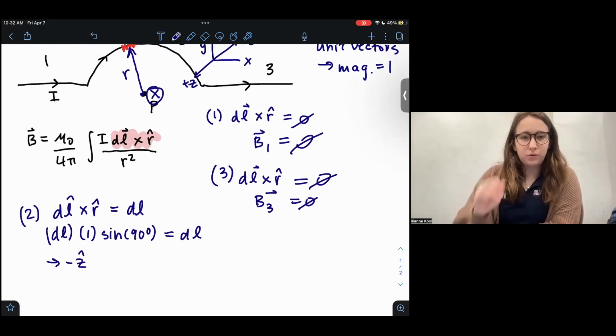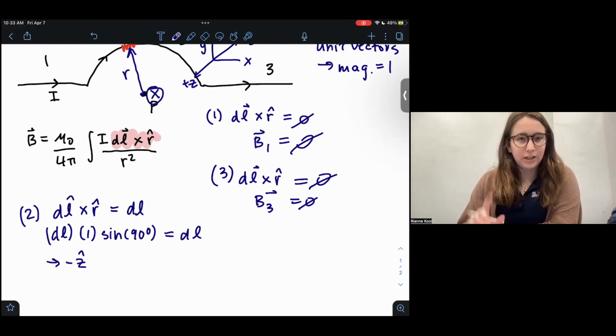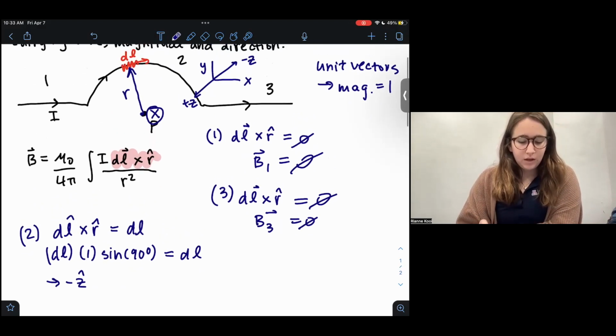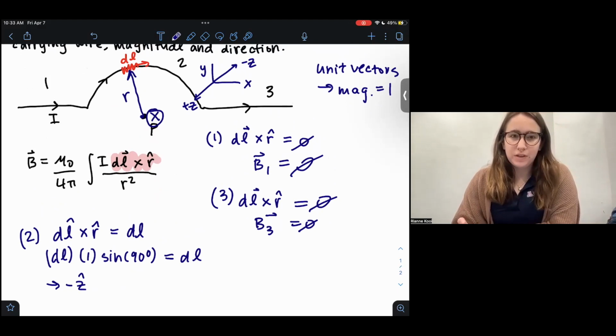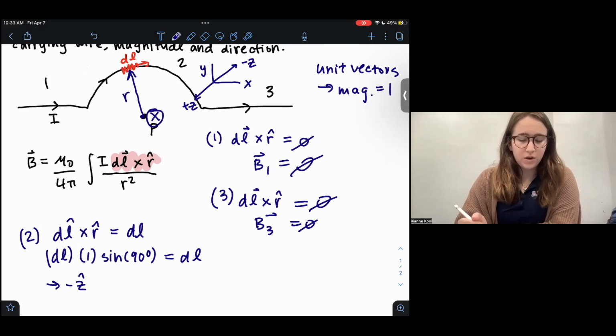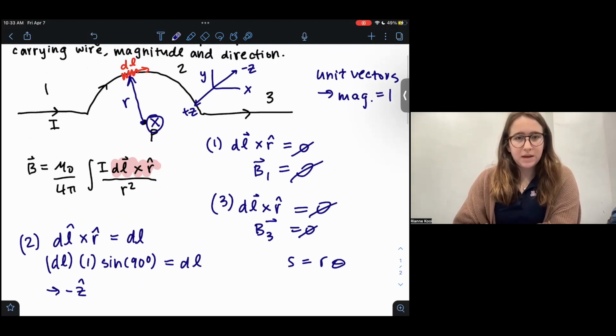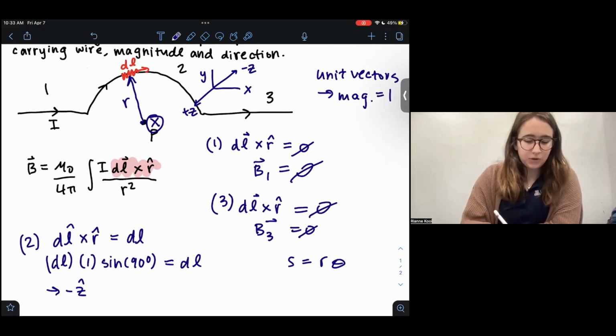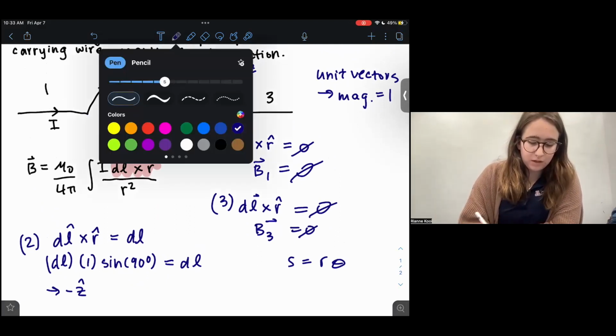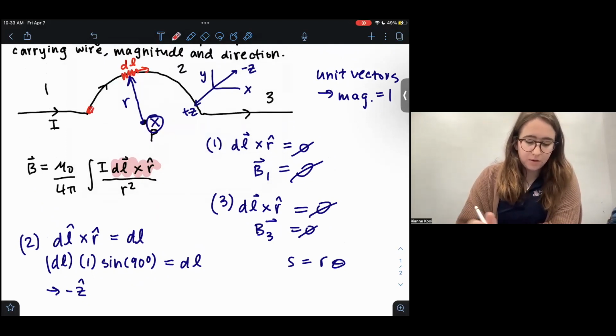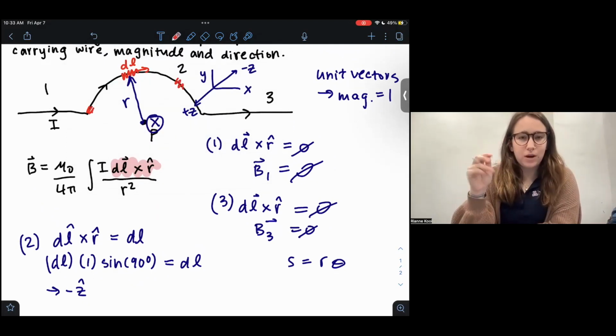So now let's work on this integral. I want to rewrite dl in terms of r. To do this, I'm going to be using the arc length because that's technically what this is. So we know that arc length S is equal to r theta, but we are going to be at the same radius as we go all the way around. If we look at a point here, or a point here, we're going to be at the same radius, but our angle around it is going to change.